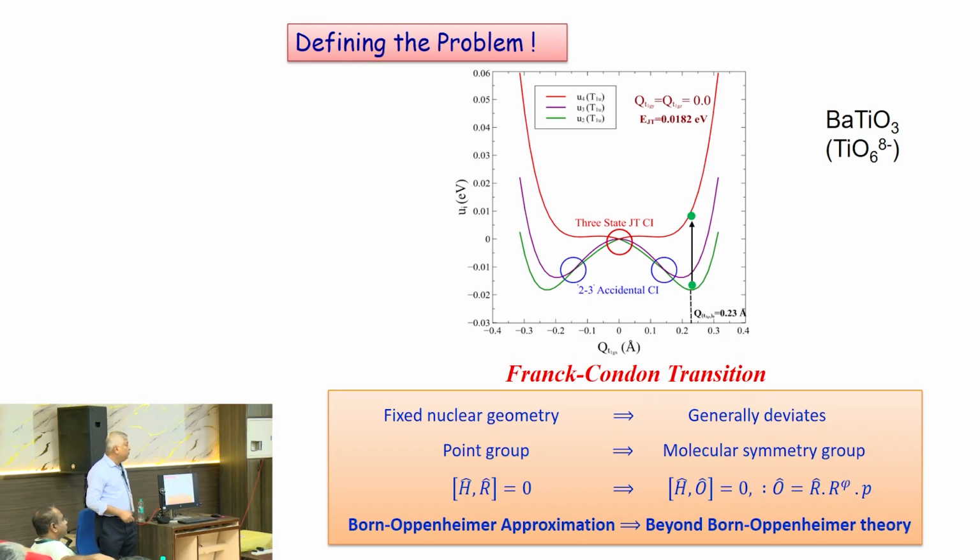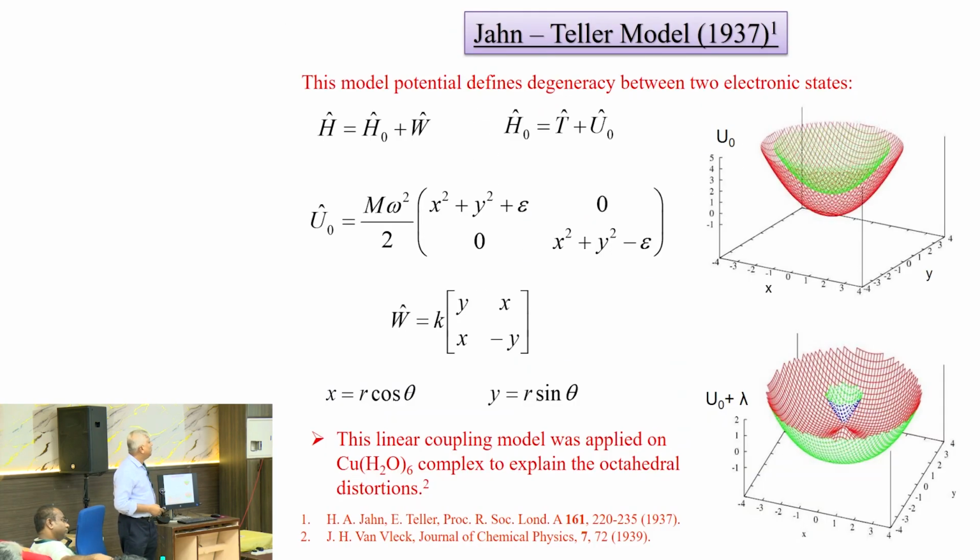That's how the group elements are prepared, and that is what is called beyond Born-Oppenheimer. So that is the starting point, and this kind of going down in energy is called Jahn-Teller stabilization. This minimum away from the equilibrium is called Jahn-Teller distortion. That's how you can think of what I am talking about.